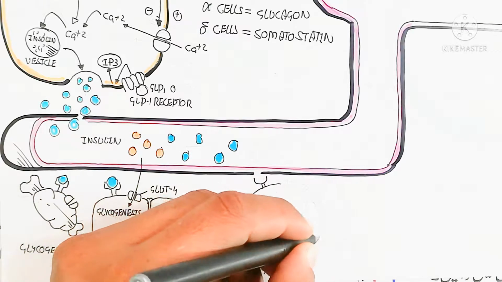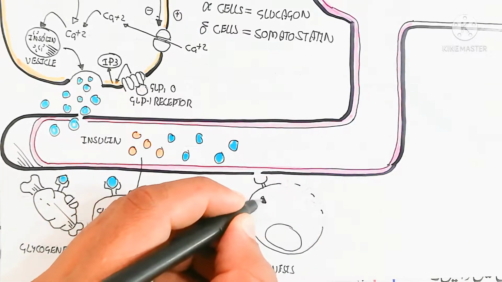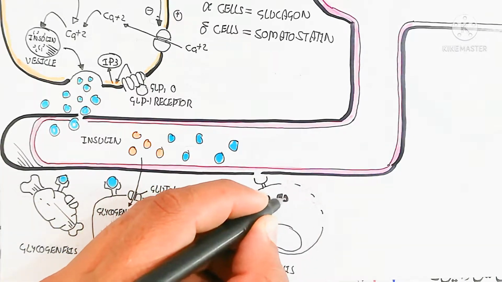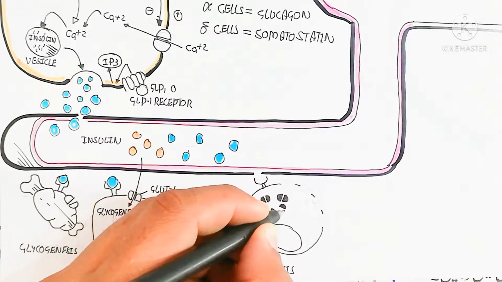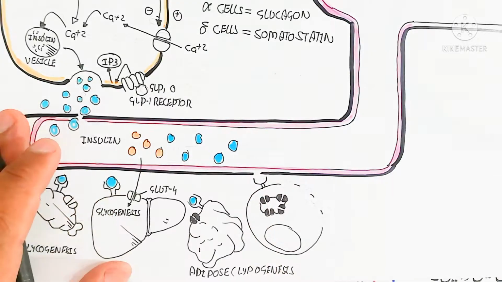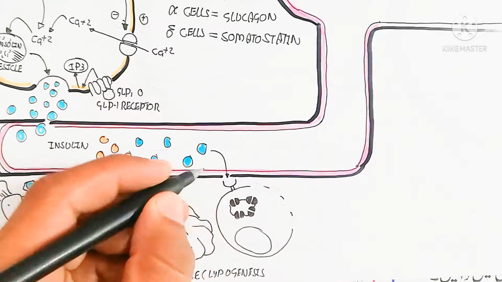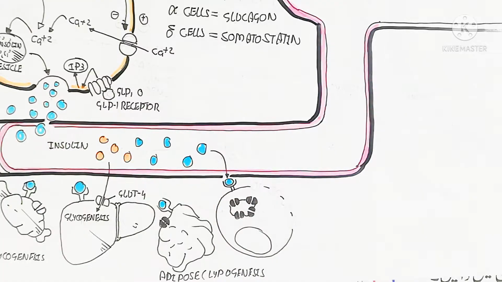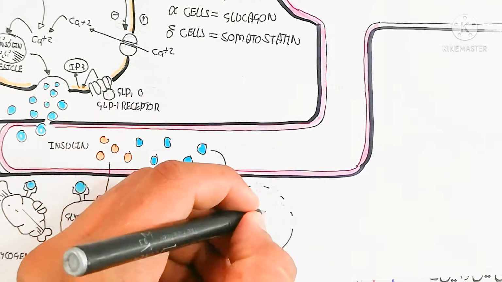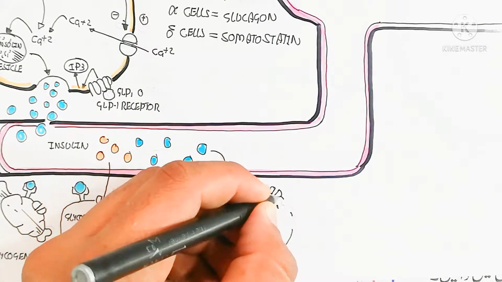So in this mechanism, here is the insulin receptor, and after the binding, the GLUT channel vesicles present in the cytoplasm will be triggered by the insulin binding to the receptor. There are different mechanisms.